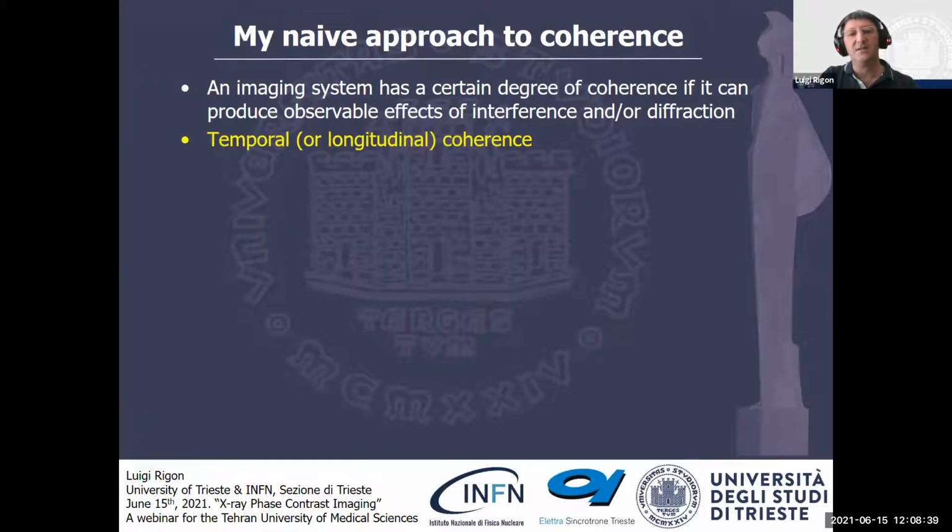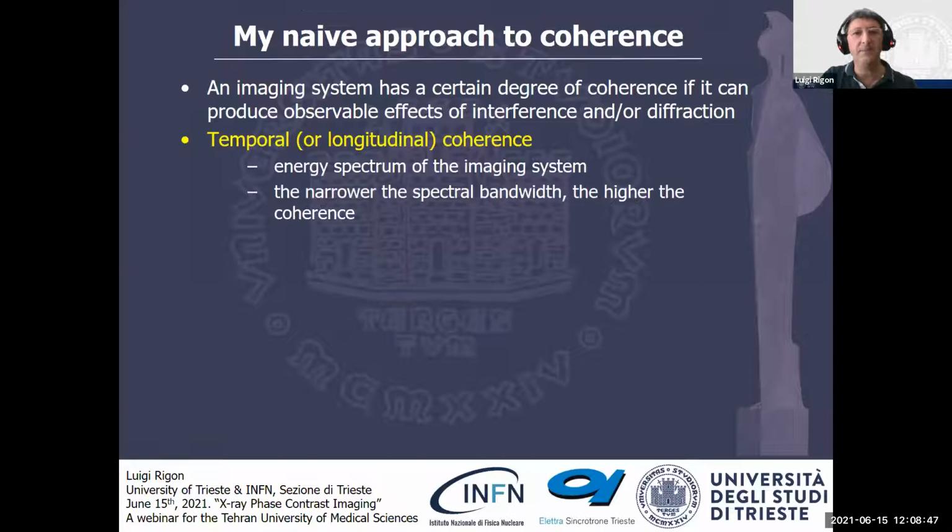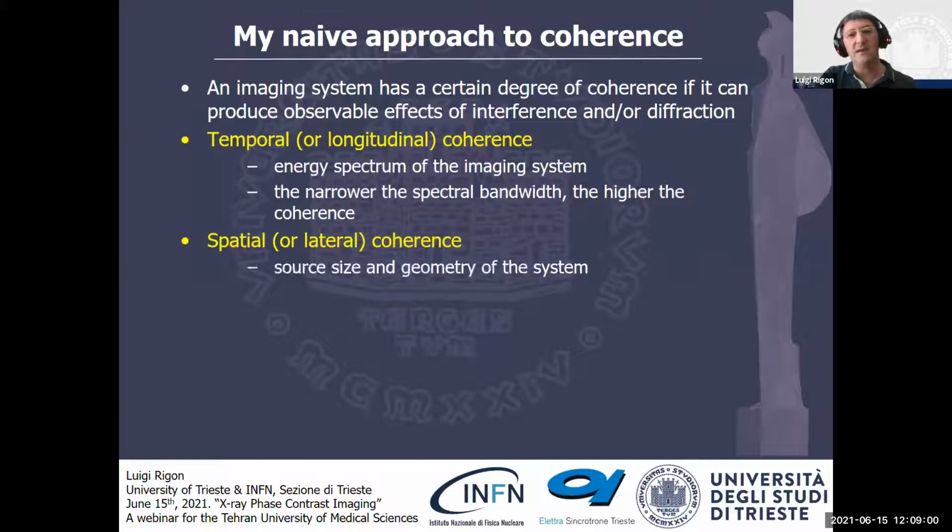So typically we distinguish between temporal or longitudinal coherence, which regards the energy spectrum of the imaging system. The idea is that the narrower the spectral bandwidth, the higher the coherence. And then on the other hand, we have spatial or lateral coherence. This is related to the source size and to the geometry of the system.